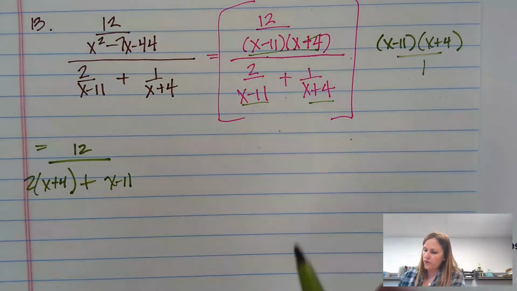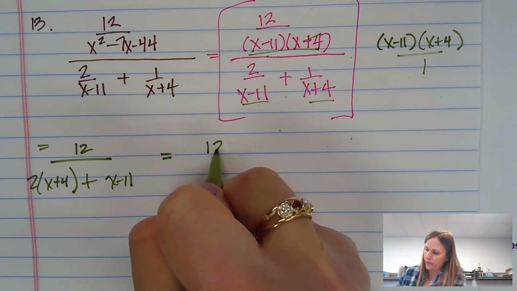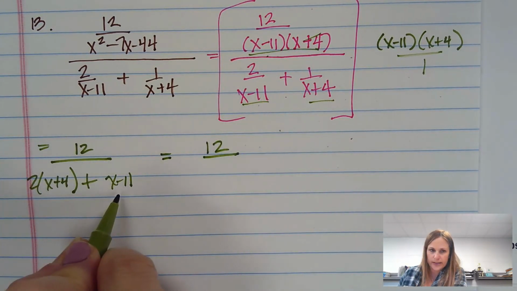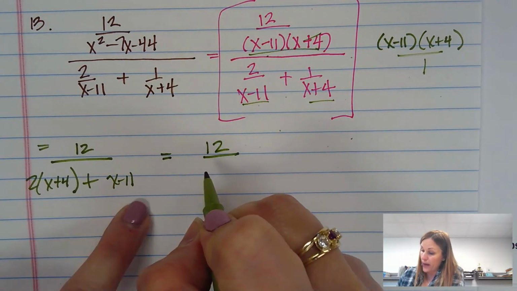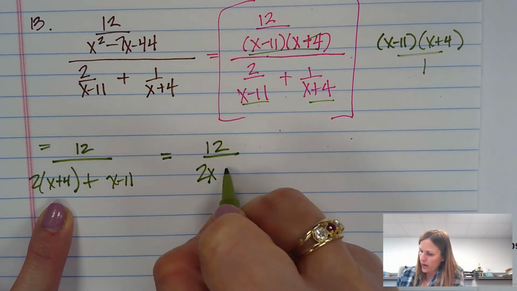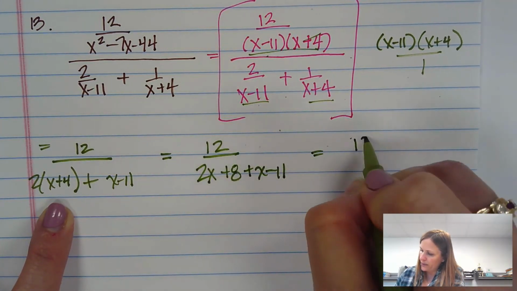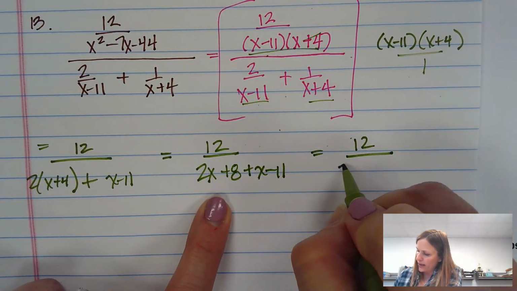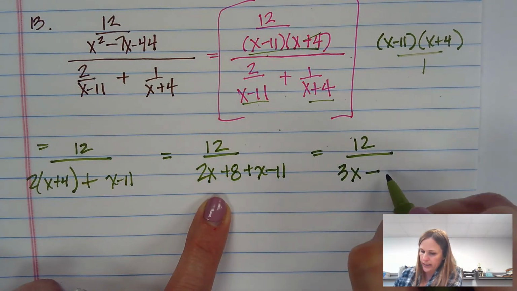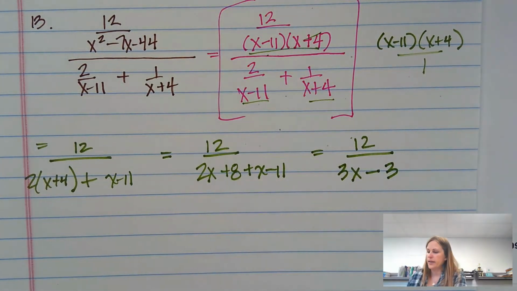Now that we got rid of all those fractions, let's simplify what we can. In order for me to factor this denominator, I'm going to have to expand this out. So 2x plus 8 plus x minus 11. Let's combine like terms. So that's 3x minus 8, 9, 10, 11, 3. All right.